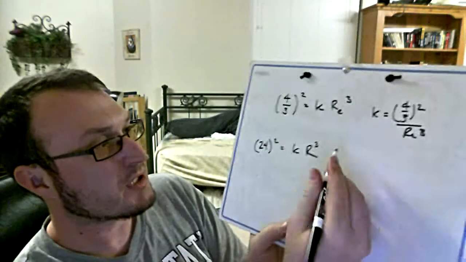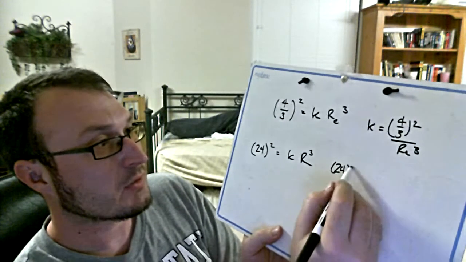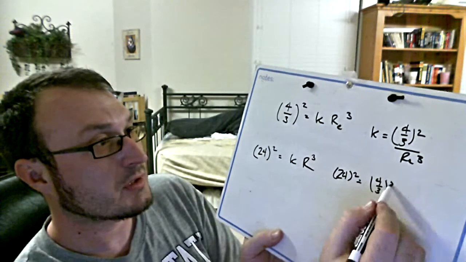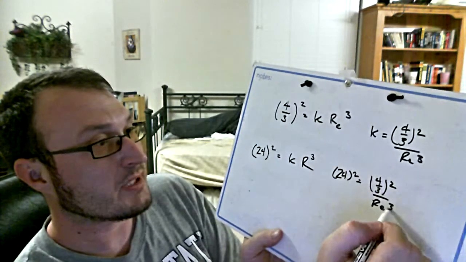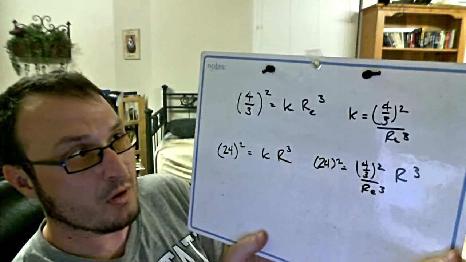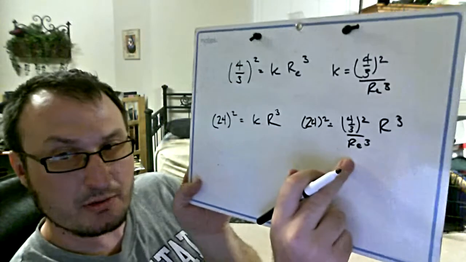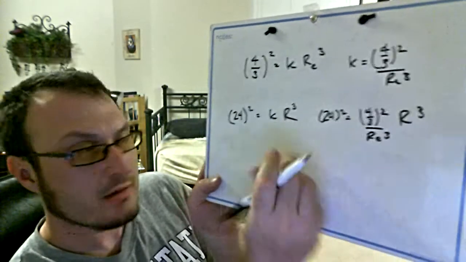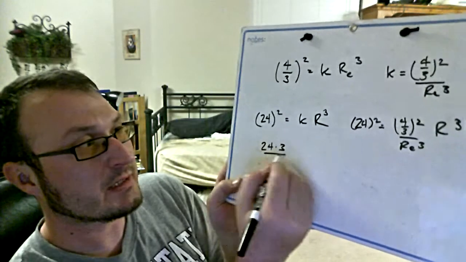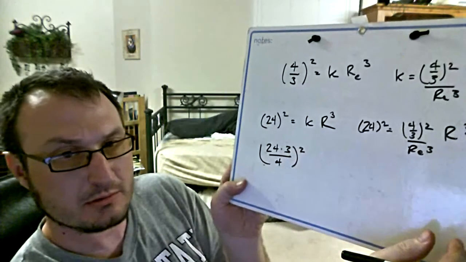So I'm just going to plug in my k there, and I get 24 squared equals 4/3 squared over r sub e cubed times r cubed. And I solve for r cubed. So I end up just doing the algebra from here, and I get 24 times 3 divided by 4, all of that squared, right?